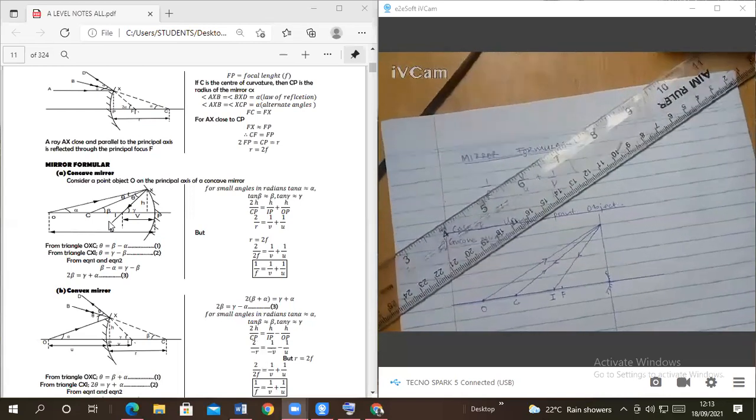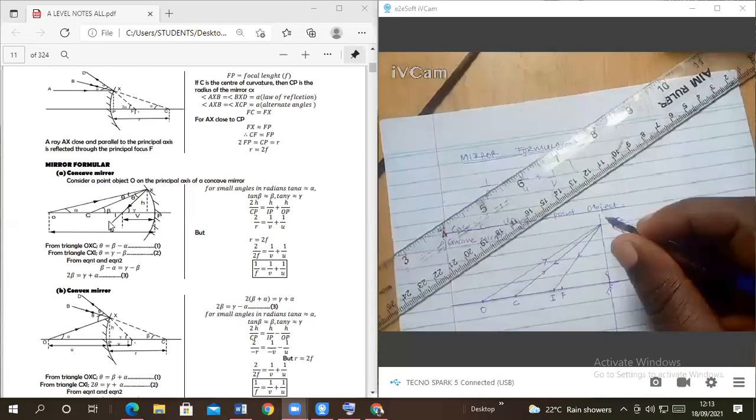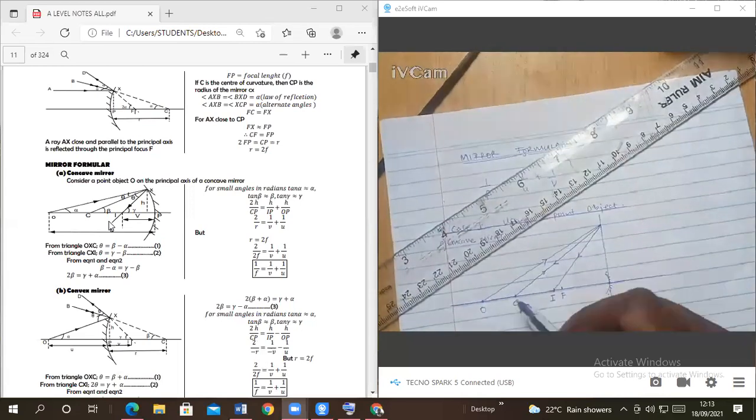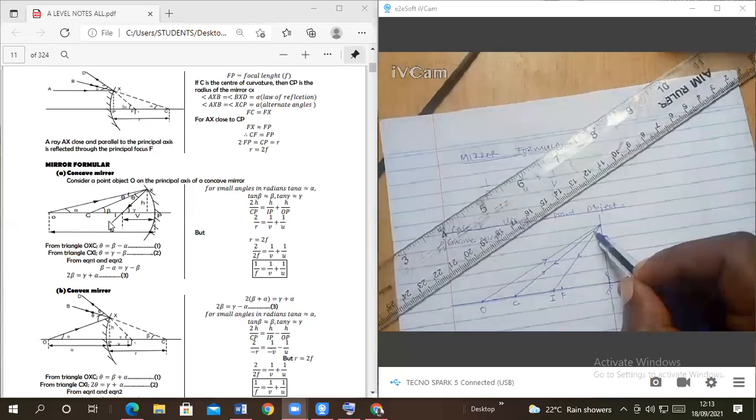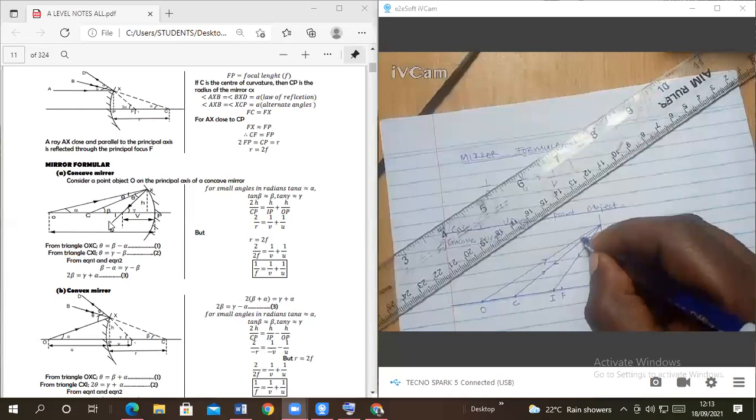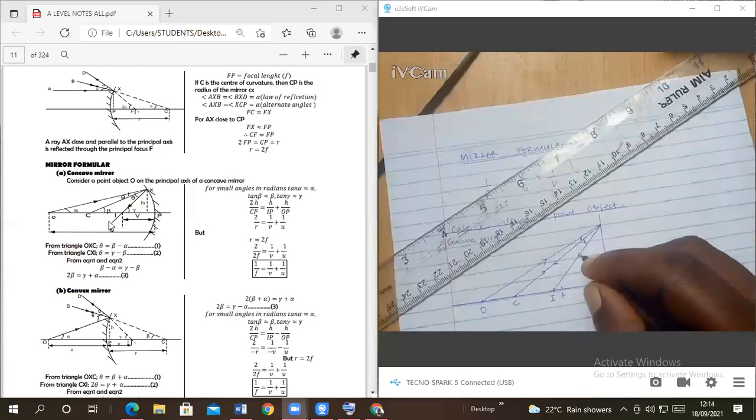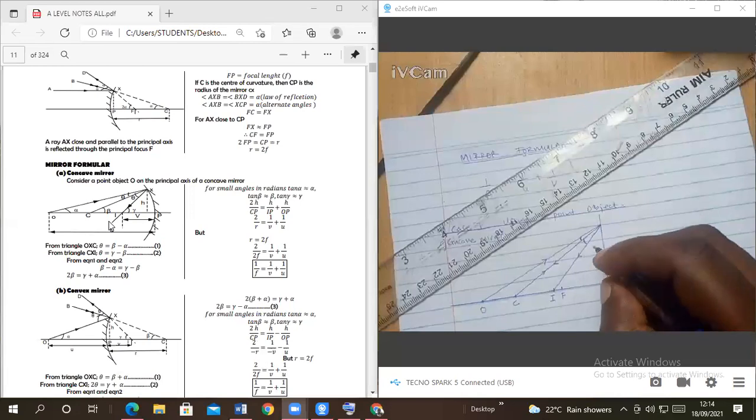Now, what you should know is that at this point here, the ray that passes through the center of curvature acts as the normal. It means that if this is the angle of incidence, then this is the angle of reflection. Then those two angles are equal.